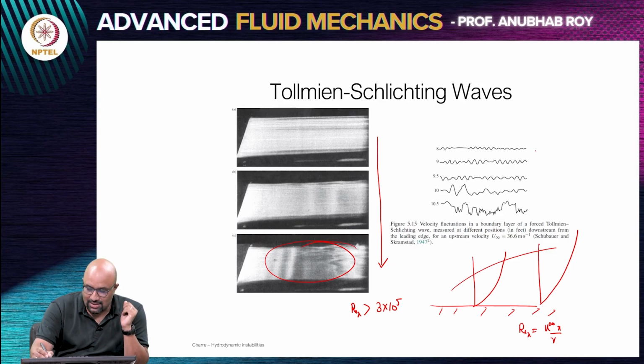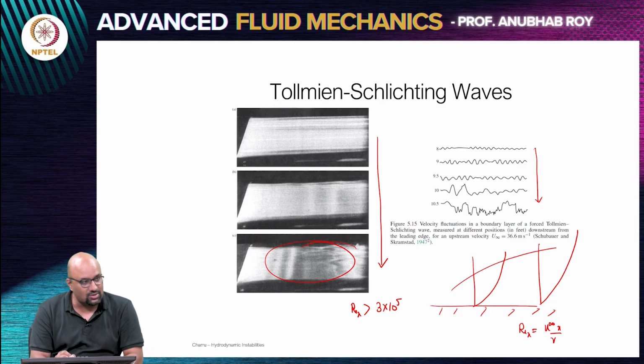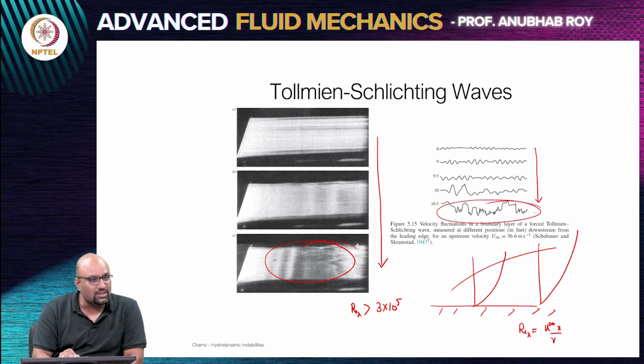And when you look at the velocity fluctuations, so these are velocity fluctuations at different streamwise locations. As you keep going further and further downstream, the signal becomes extremely irregular. This was done fairly early, and is what is known as the Tollmien-Schlichting instability or the Tollmien-Schlichting wave that happens in a boundary layer.